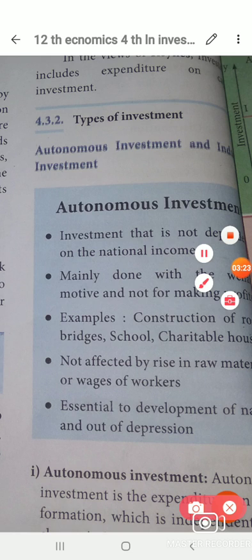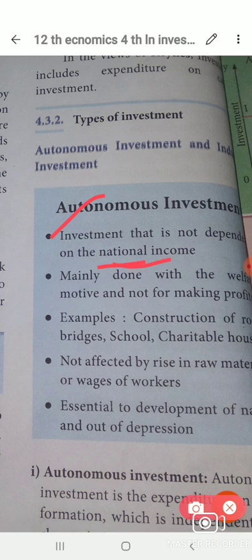It does not depend upon national income. Autonomous means self-implied. So the investment does not depend on the national income, because autonomous investment is mostly done by the government only.